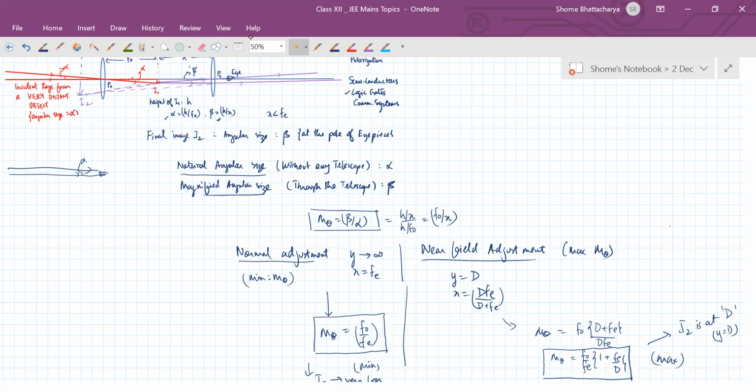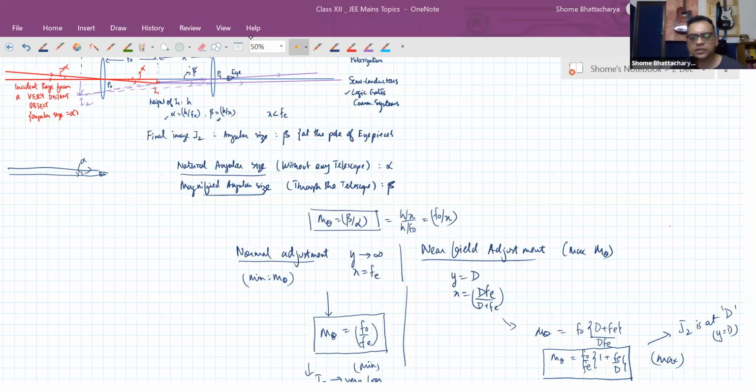What you can do is revise the whole concept of optical instruments once, from the beginning, where we had discussed angular magnification and the concept of angular size of an object, angular displacement of an object with respect to vision. From there, we understood the concept of angular magnification by a simple handheld convex lens, what we call a magnifying glass.